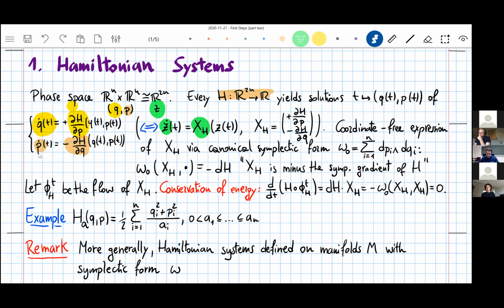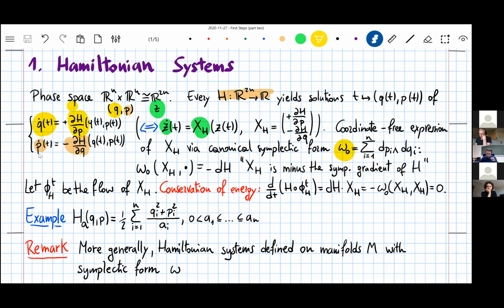And if you want to get now a coordinate-free expression for this vector field, which is also useful for us in the following, then you need to introduce a canonical symplectic form, which I denote by omega 0. And it's just the sum of dp_i wedge dq_i. So this wedge simply means antisymmetric product. So you take dp_i times dq_i minus dq_i times dp_i.